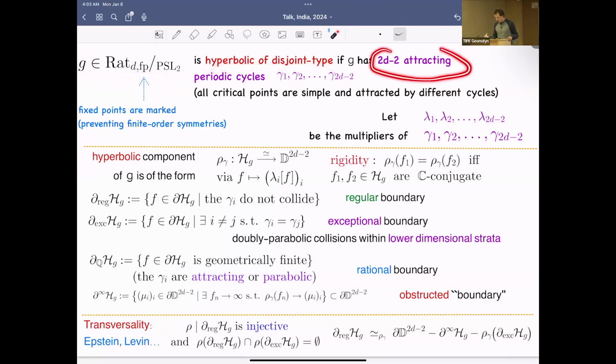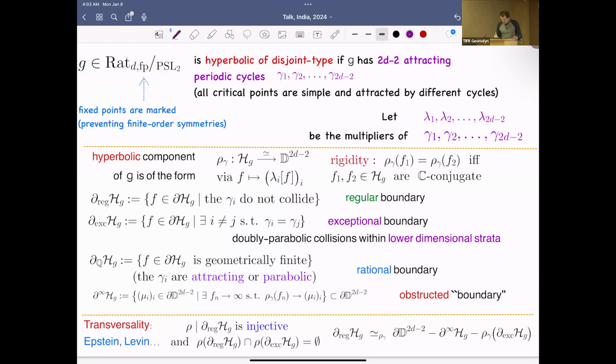In particular, it has 2d minus 2 attracting periodic cycles, the maximal number of attracting periodic cycles. For convenience, we add a bit of markings. We mark fixed points to prevent finite order symmetries. And then we can look at multipliers of these periodic cycles.